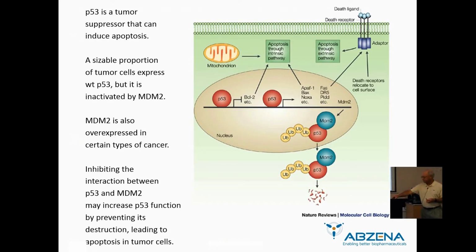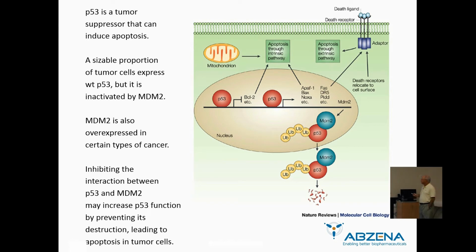So the one success story I'm going to talk about is finding inhibitors of the interaction between p53 and MDM2. Just quickly, p53 is a very famous protein. It induces apoptosis, and its levels are controlled by MDM2. So MDM2 binds directly to p53 and induces ubiquitination, which leads to destruction of p53.